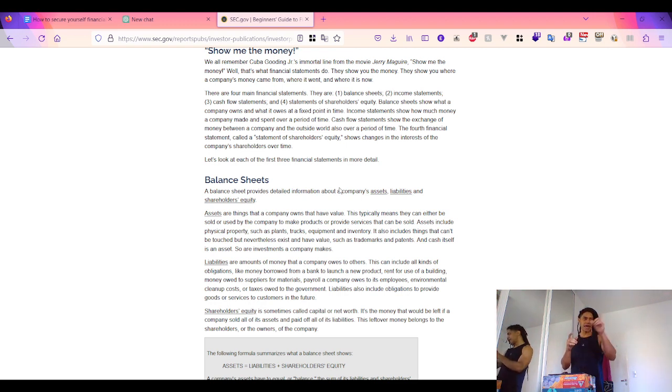So in operating activities, it analyzes the net income and adjusts for the total cash that was used or received from operating assets.